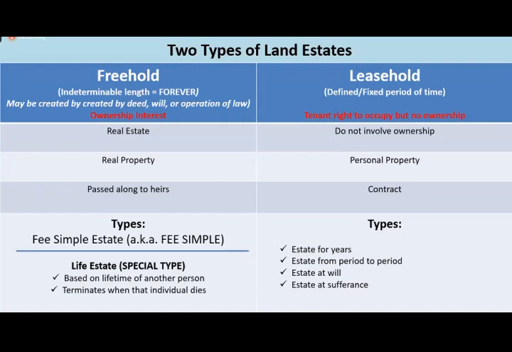In that case, ownership is said to revert to the original owner upon the end of the life estate. Remainder interest: the creator of the life estate may name a remainderman as the person to whom the property will pass when the life estate ends.